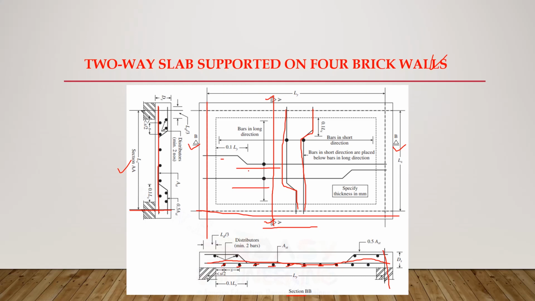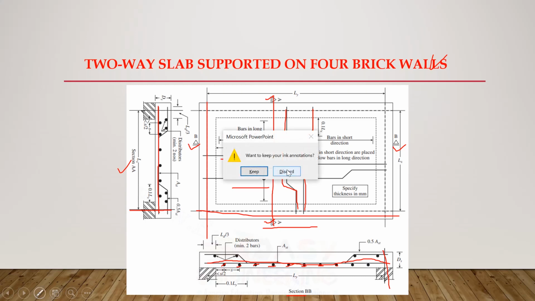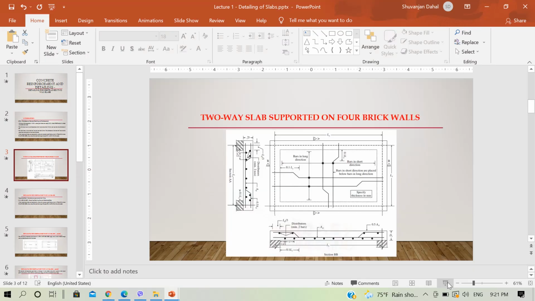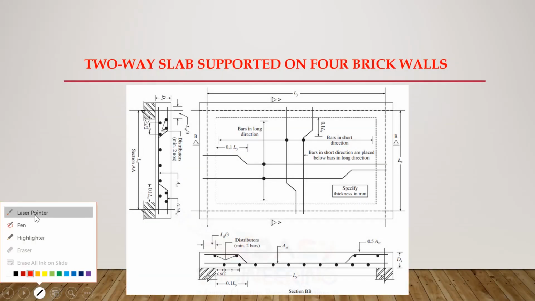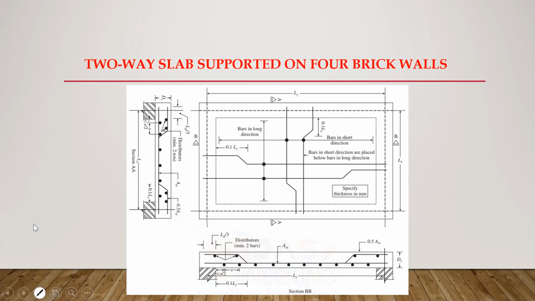So let's look here. What does that mean? At least 50% of the bars should be extended to the supports. That means, let us look here.